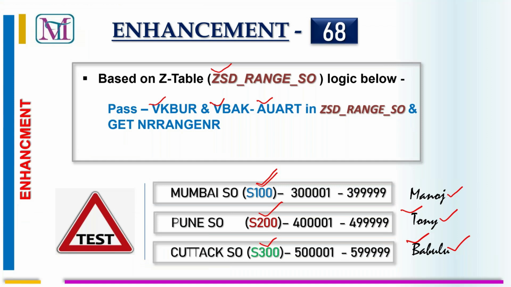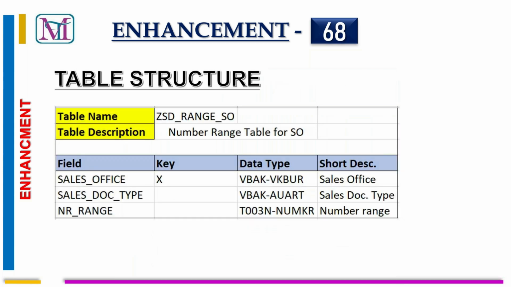So how to explain this? What is part 1 in the change request form? Part 1 means part A, part B, part C. I have documented it in detail. So, enhancement table structure. We have created one table, ZSD underscore range underscore SO. Description of this table is number range table for SO.